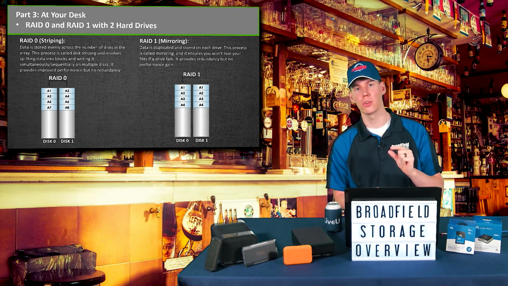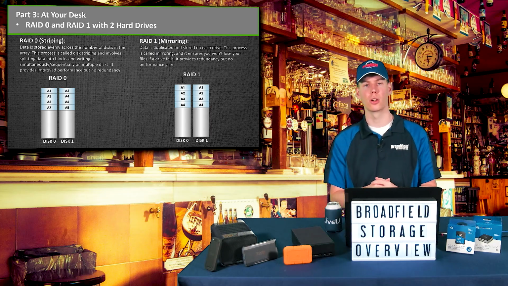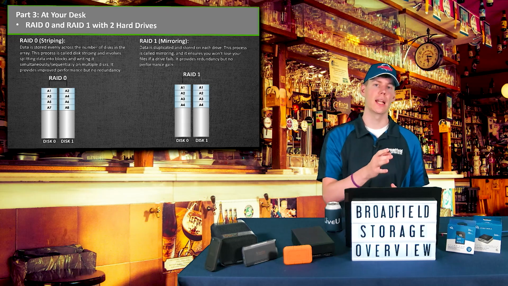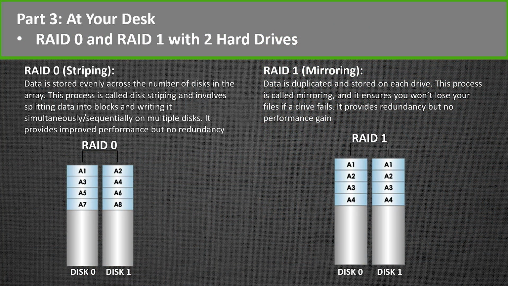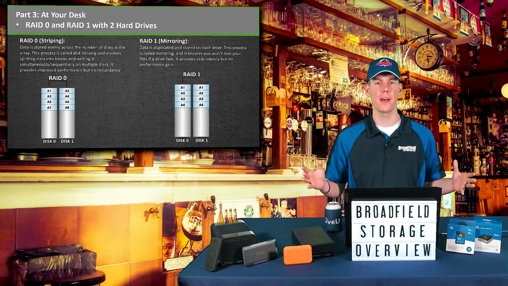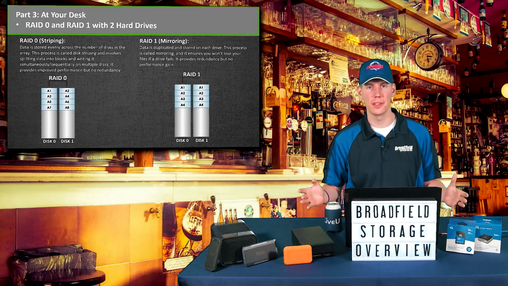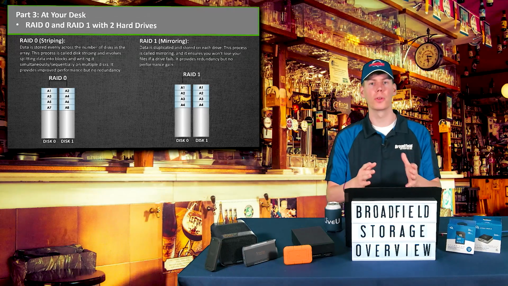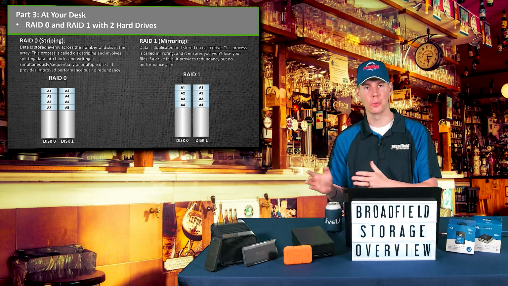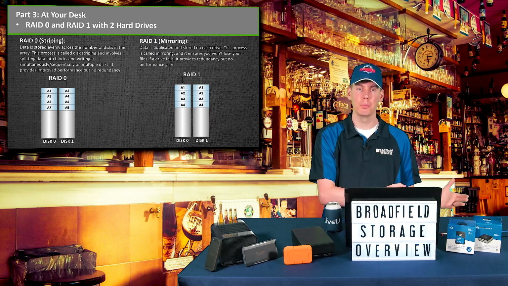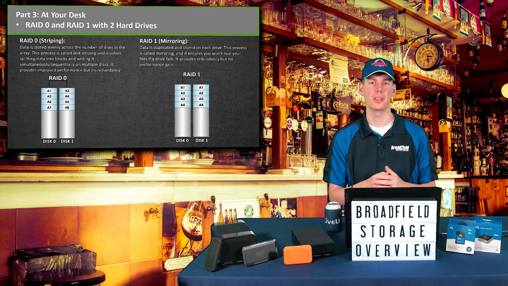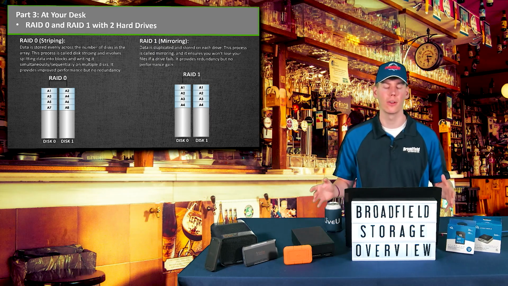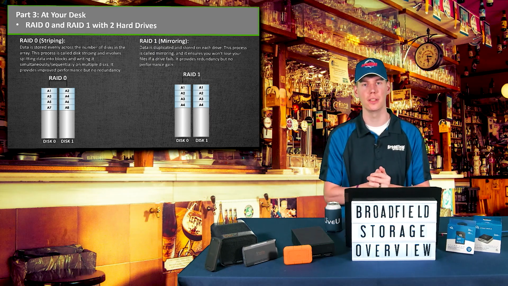If anything, it might lower it a little bit, but you get the added benefit of having an exact copy of all of your information. So if one of the drives does fail, you have an exact copy. Now, we're not saying that drives are failing left and right. They don't. But over the course of 20, 30 years, somebody is always going to experience a drive failing at some point, and you want to have those redundancies in place.